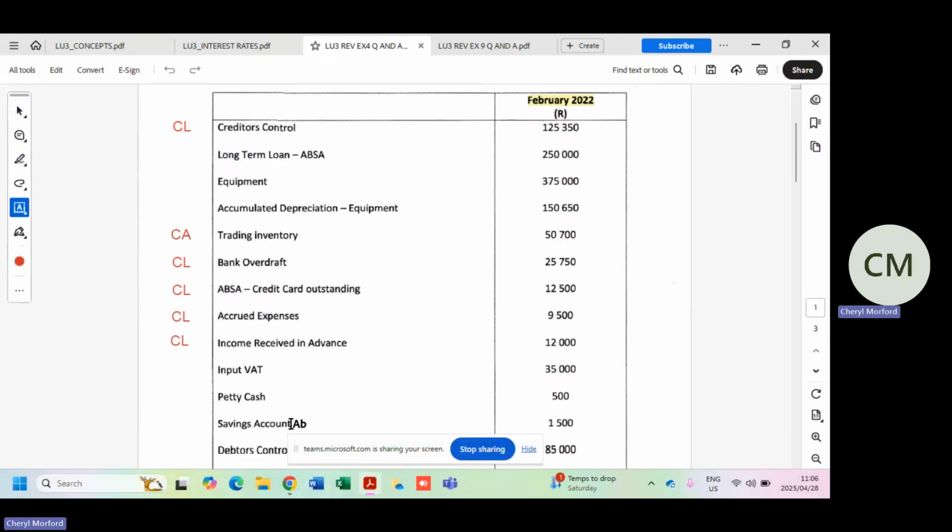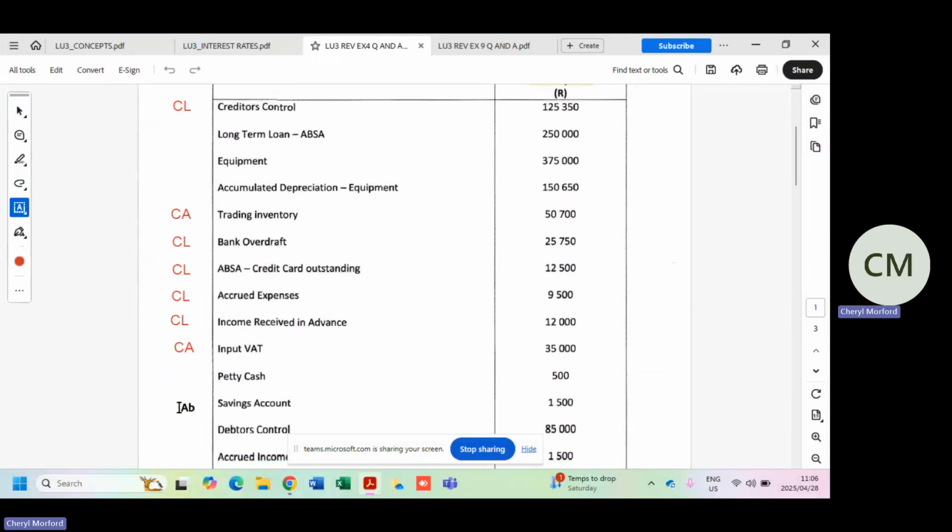So input VAT is the VAT that a business pays on purchases of stock. It can claim that back from SARS. So therefore, that is a way in which the business can benefit because it reduces its VAT liability. So input VAT is a current asset.